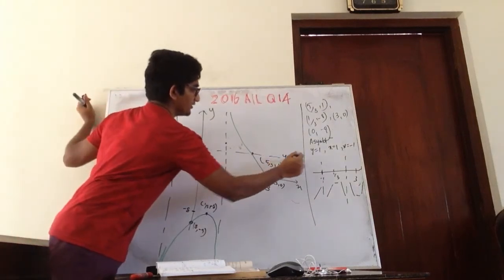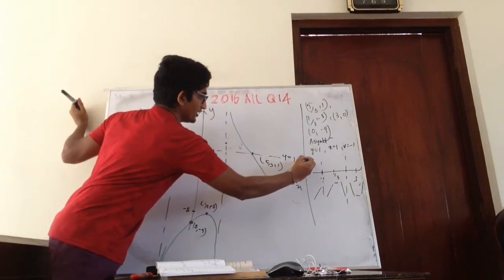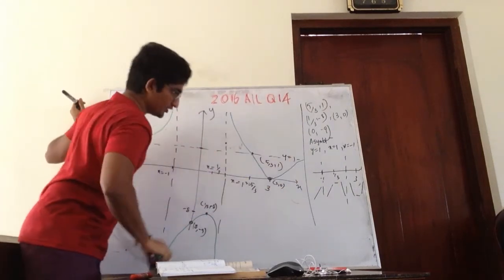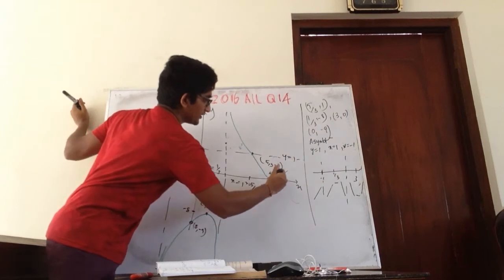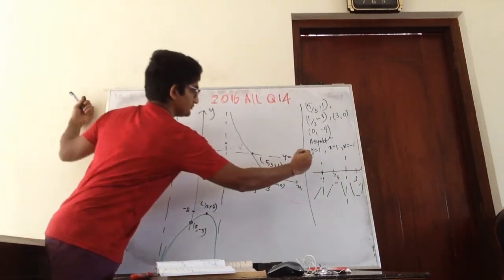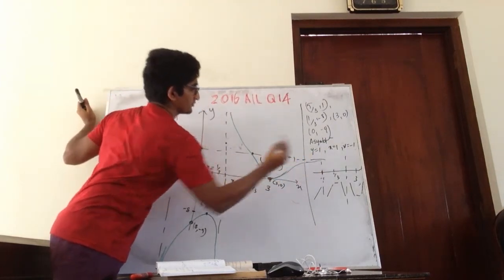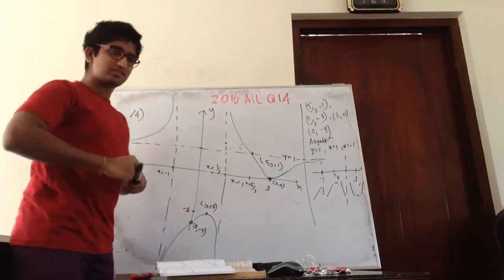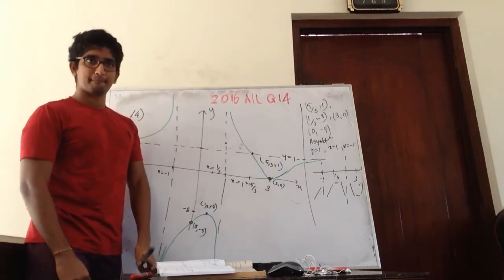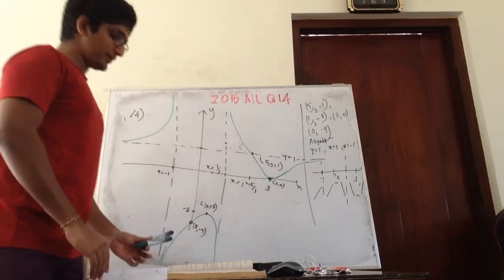So here this will start and sort of end here. You have to draw the graph nicely. Right, so this is the graph. So then we are done with the graph.